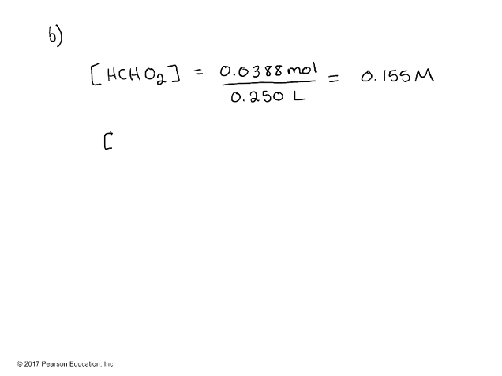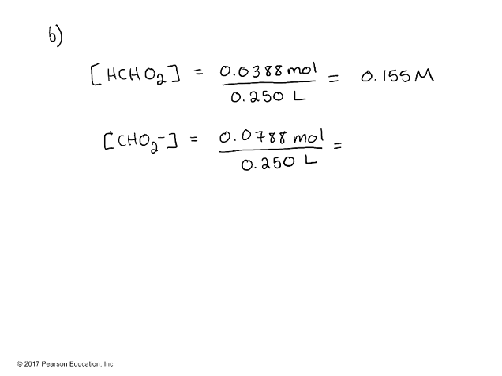And now we can do the same thing with the conjugate base. So we found that the new amount of conjugate base is 0.0788 moles. So we'll divide that by the same volume to get the new concentration.